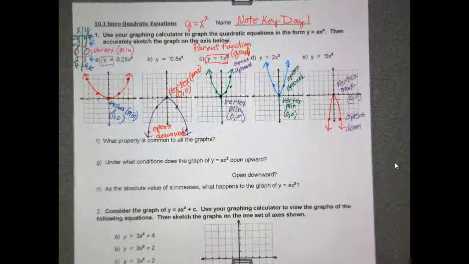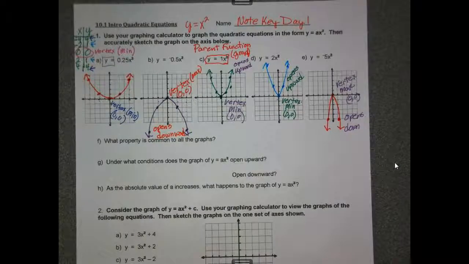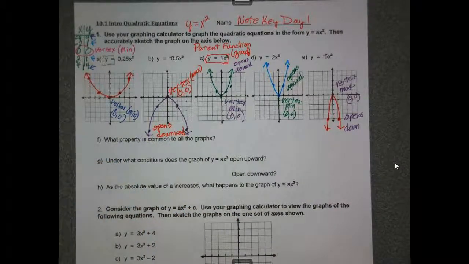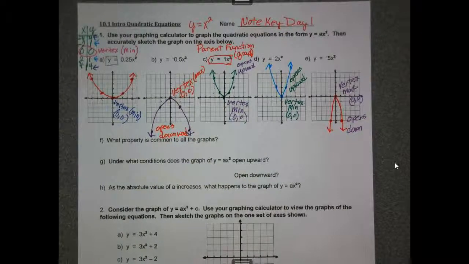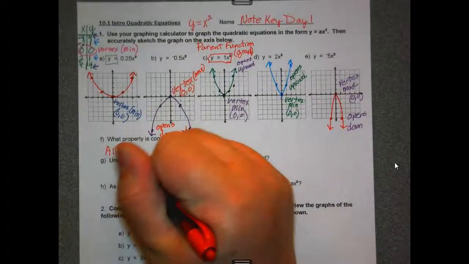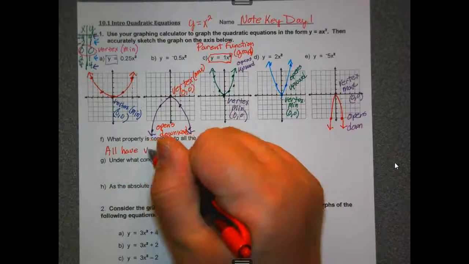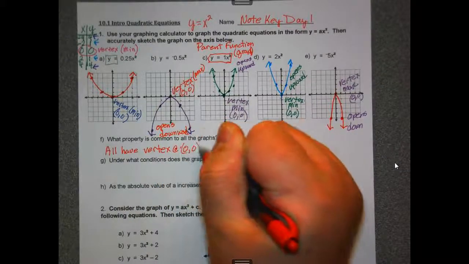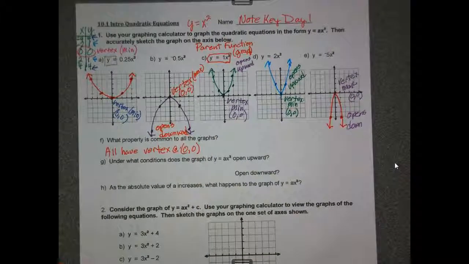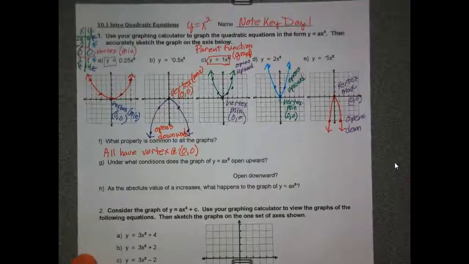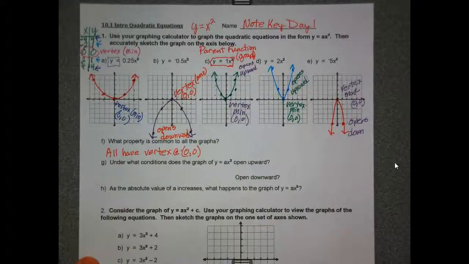All right, let's answer some of these questions. What property is common to all the graphs? What's the same with all of these graphs? Yeah, they all have a vertex at 0, 0. There's one. What else?